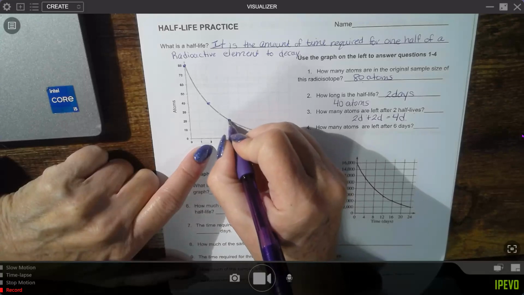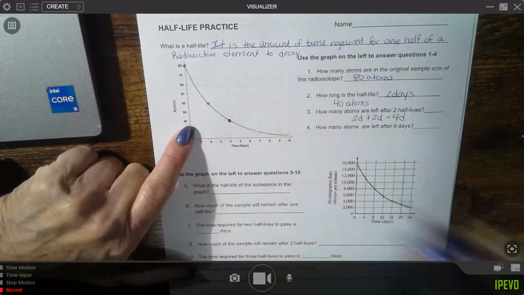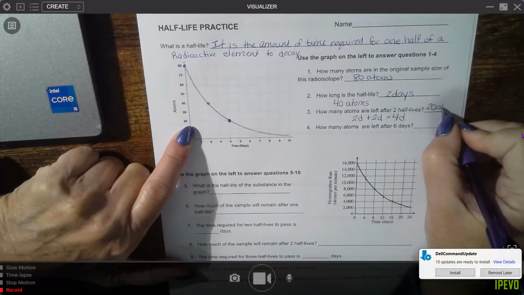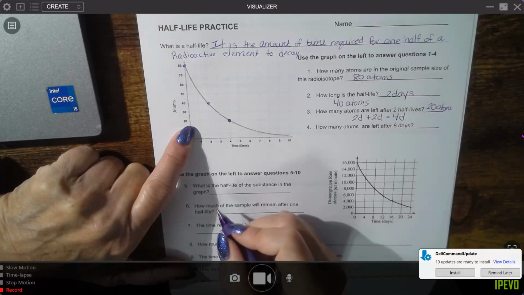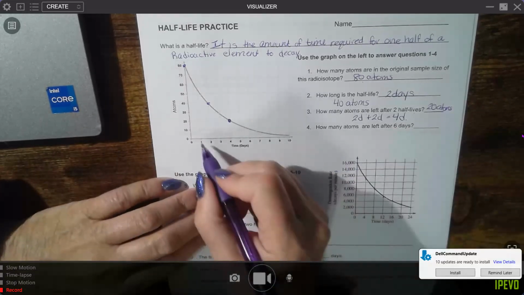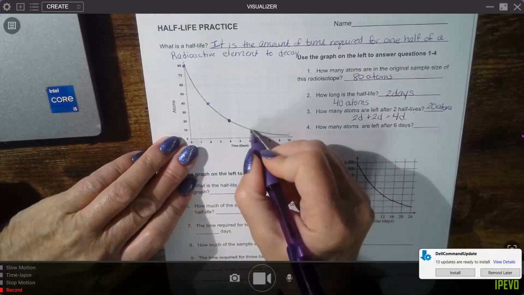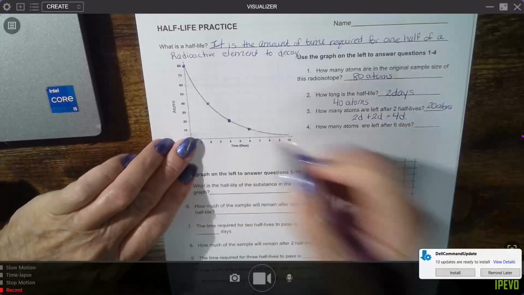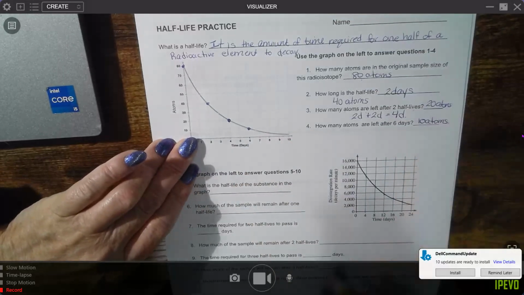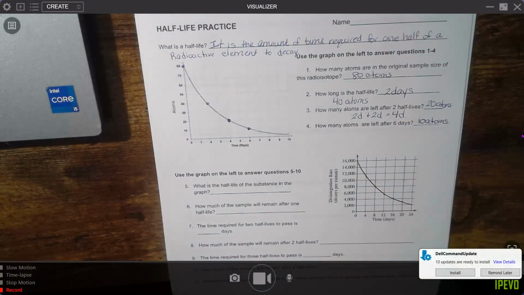If you look, after 4 days, 20 atoms would be left. And then just in reading the graph, how many atoms are left after 6 days? We'll read across to 6 days, and that would be 10 atoms. So that's kind of the idea as we look at these questions about half-lives and looking at graphs.